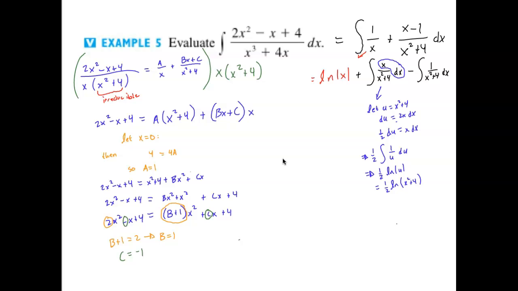All right, so let's go. Here's what we have. Natural log absolute value x plus half natural log x squared plus 4. Now this last one is actually one that we know, and it'll come from that table of important integrals I gave you, didn't I?